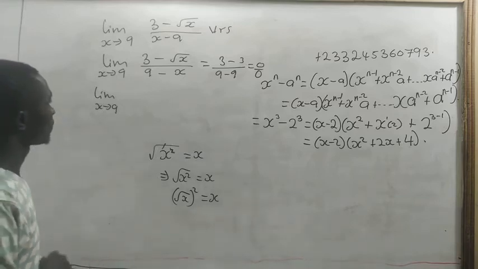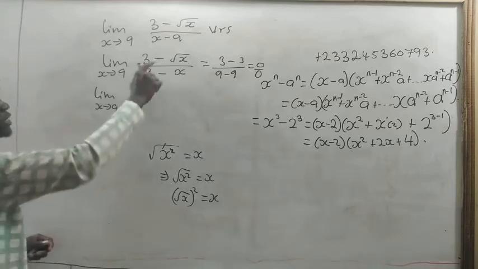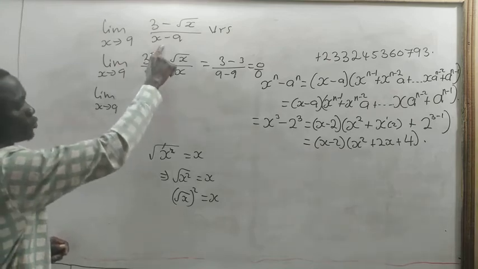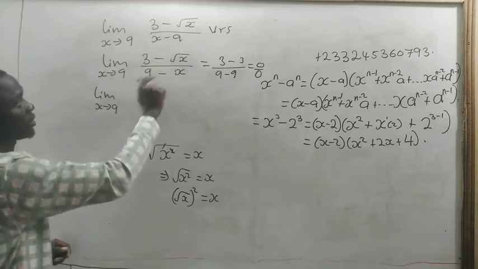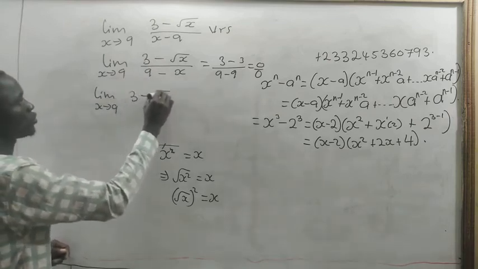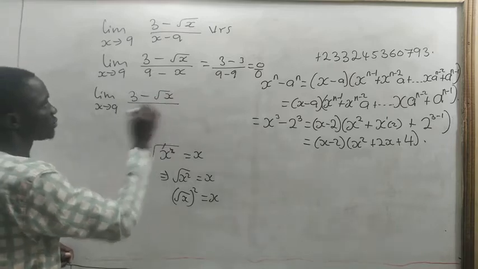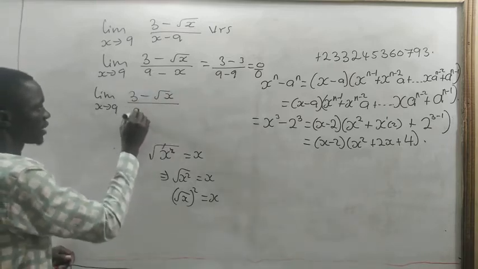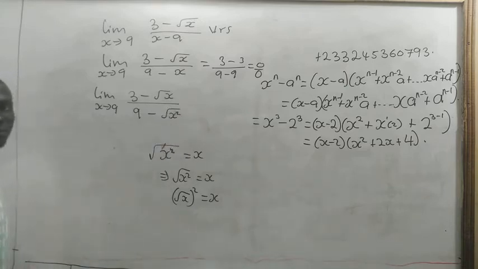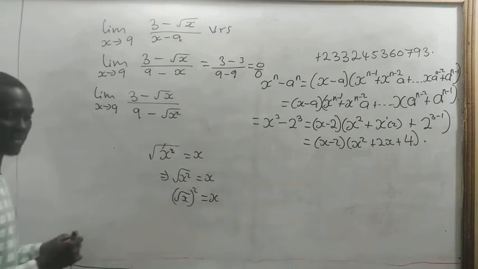Now, let's take the second one first. So this is 3 minus square root of x divided by 9 minus square root of x squared. Yes, that is what I've explained here.